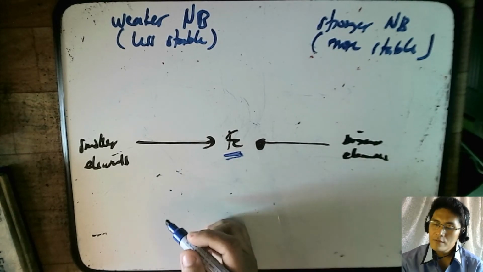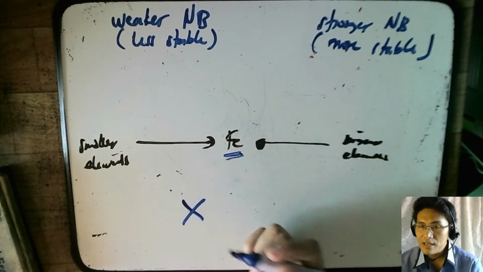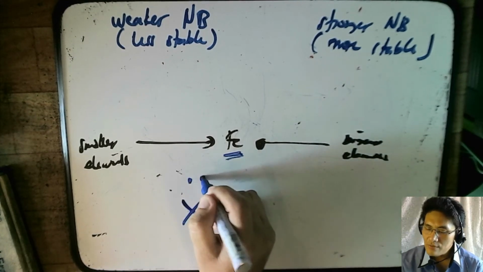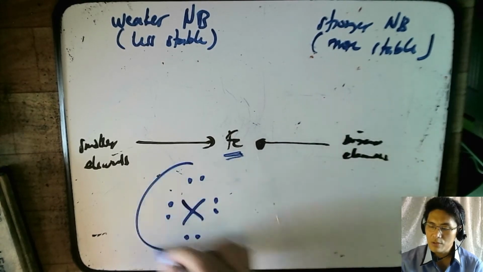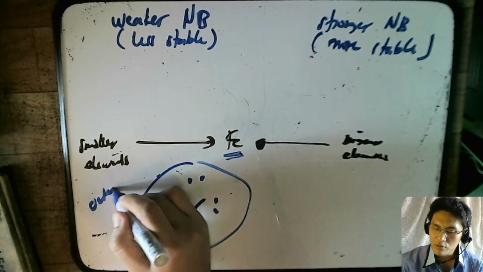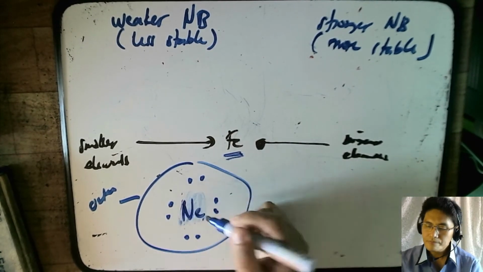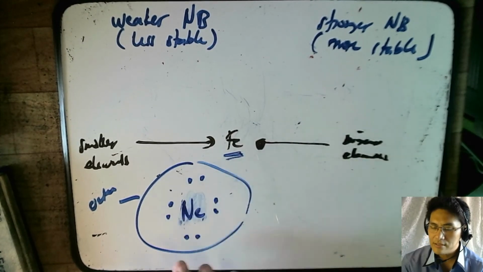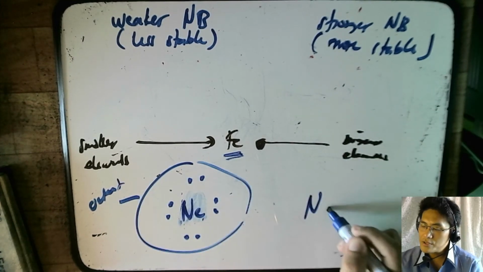Remember, if you have an element, let's just call it X, that element should have 8 valence electrons, right? That is what we call the octet rule. In fact, if you have an element like neon, neon has 8 valence electrons, and that's why neon is stable.